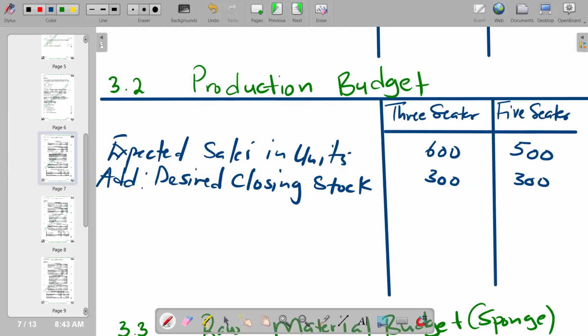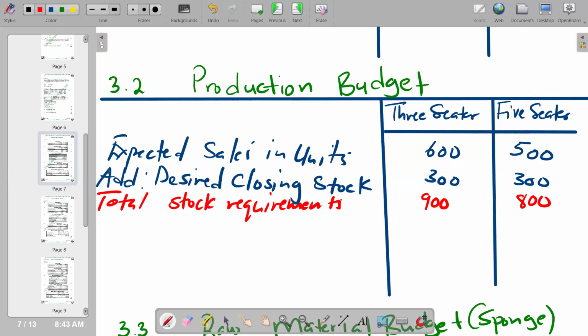After adding your desired closing stock, you get the total stock requirements. So 600 plus 300 gives 900, then 500 plus 300 gives 800.